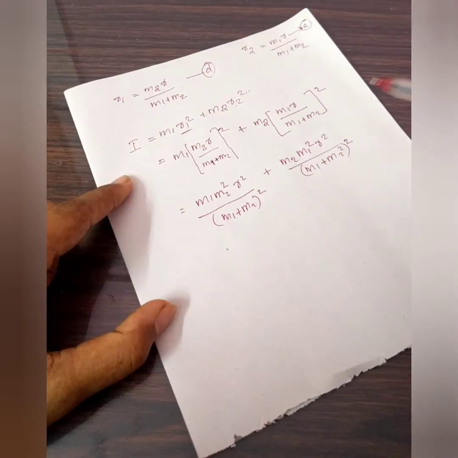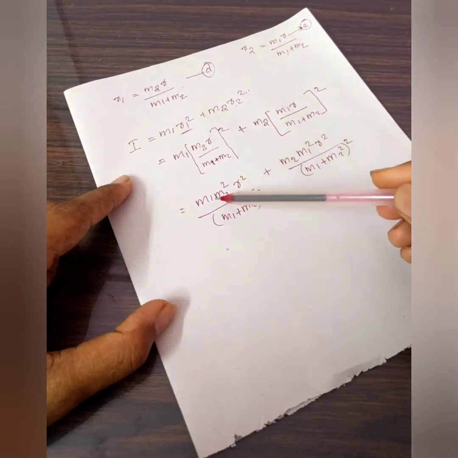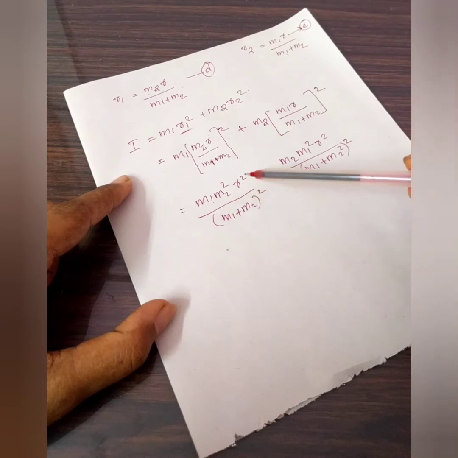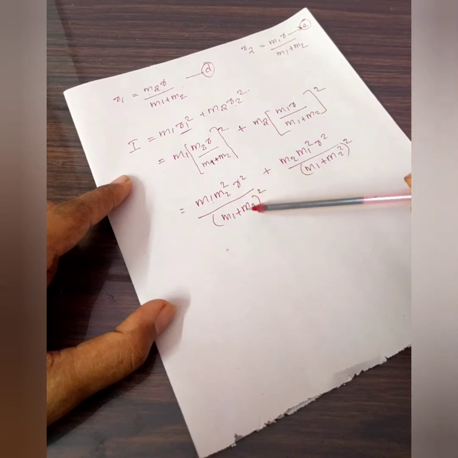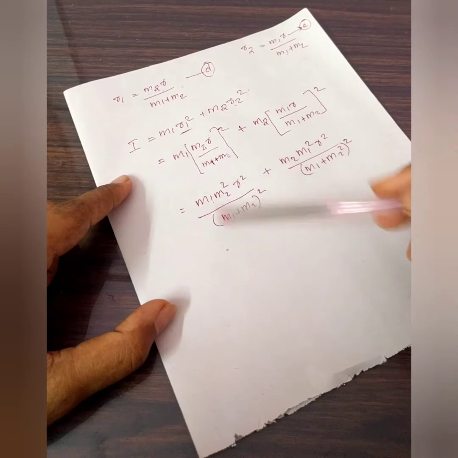Now you are going to take M1 M2 R square divided by M1 plus M2 whole square as common.